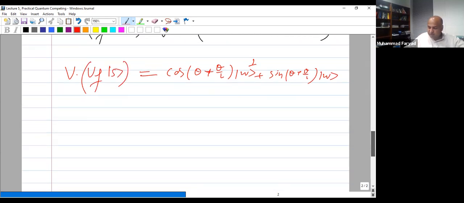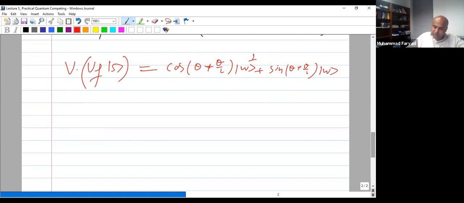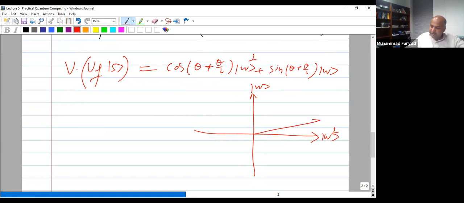Let me now construct a visualization for you again. We have this imaginary plane spanned by W perpendicular and W. We had this S state prepared after the first Hadamard, and it made an angle theta by 2.